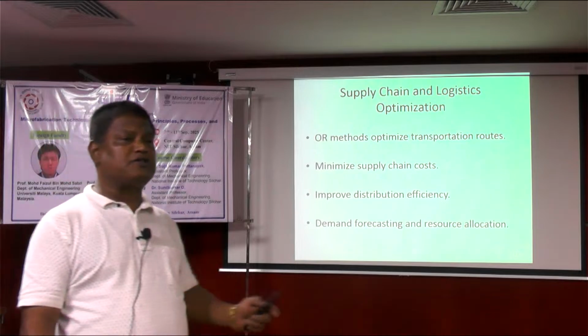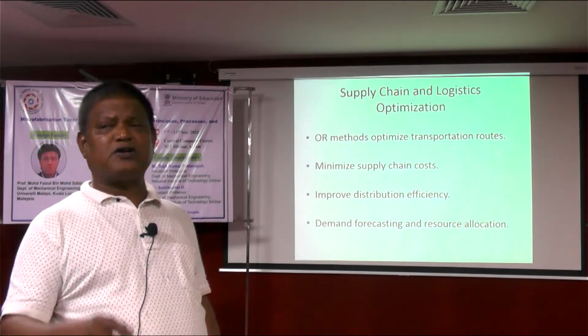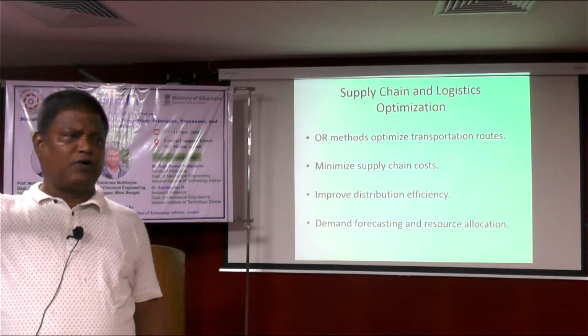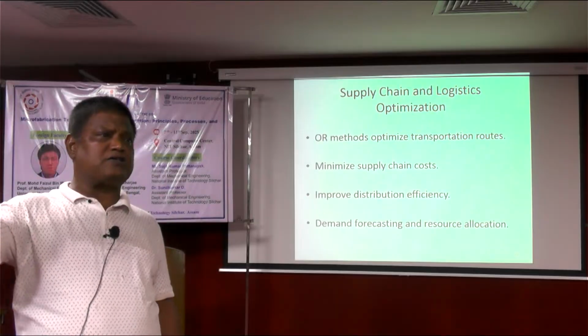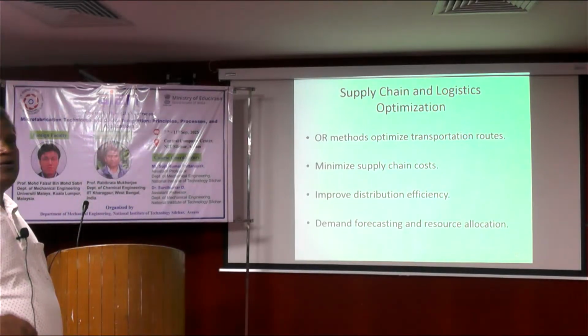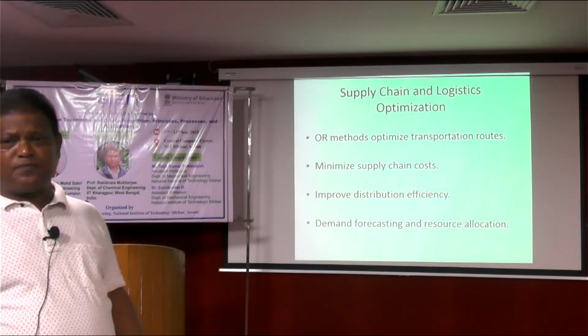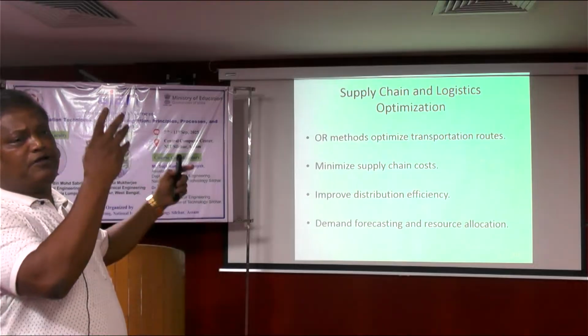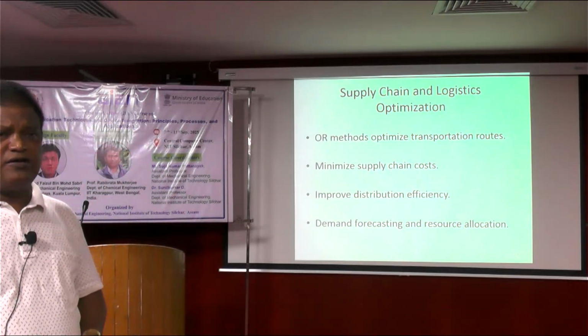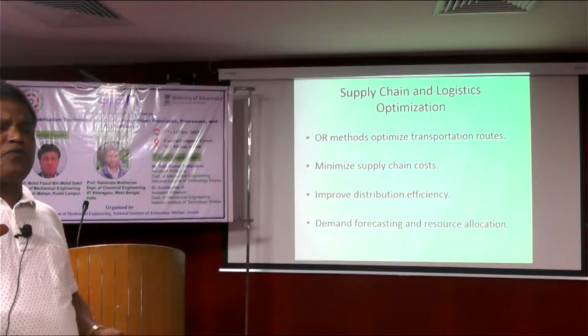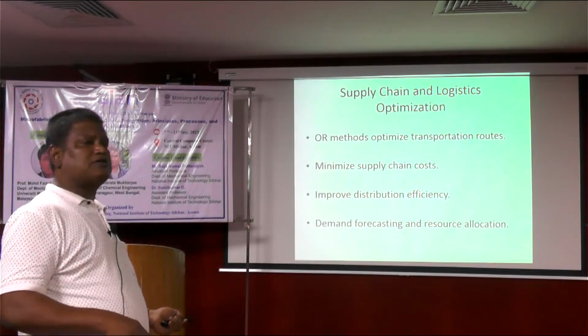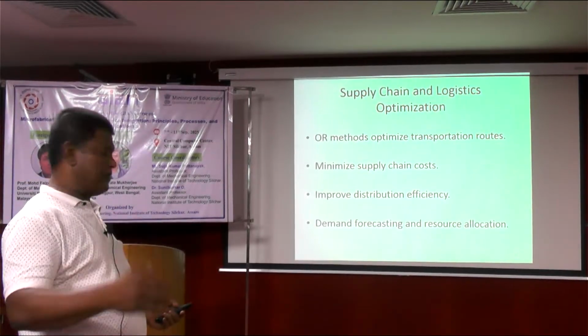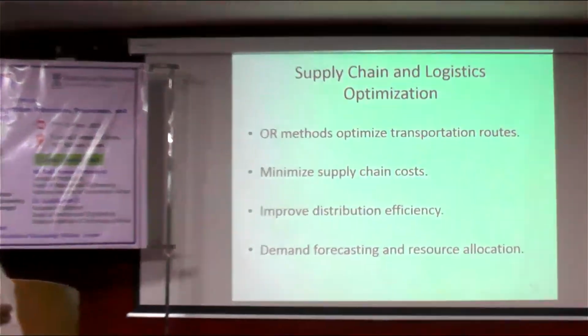Again, forecasting is also necessary, because unless you have a vision and your prediction is correct, you cannot go for manufacturing. So you take prehistoric data, all past data, and from that you go for forecasting, and accordingly you manufacture.